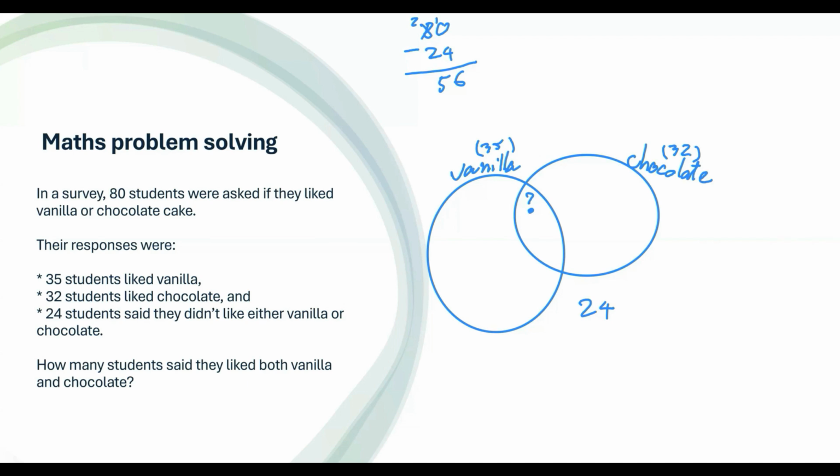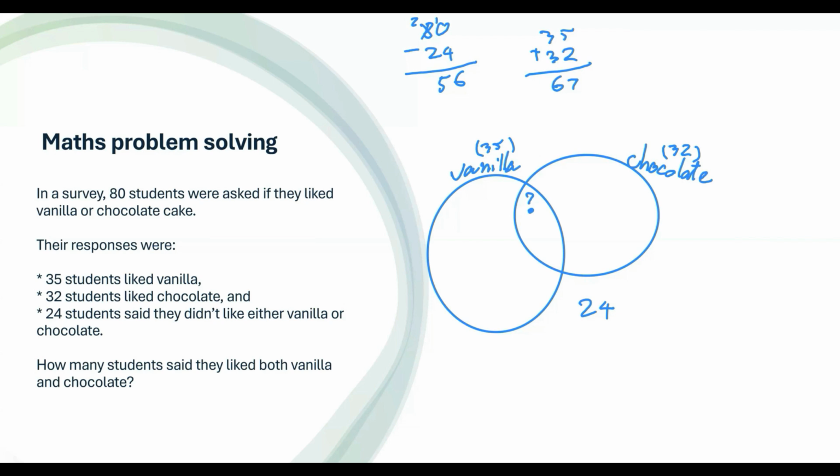Now, the way to find that is to look at this: 35 students like vanilla, and 32 students like chocolate. If you add the two numbers, 35 plus 32, you get 67. Now, can you see 67 turned out to be too many?